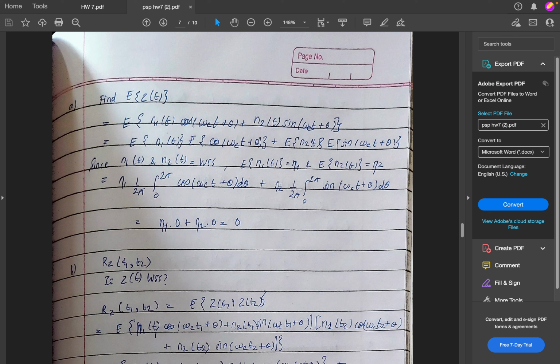Similarly, for the second term it will be η2 times the integral of sin(ωc t + θ) over 0 to 2π. We know the integration of these two terms will be 0, so the final expected value of z(t) will be 0.